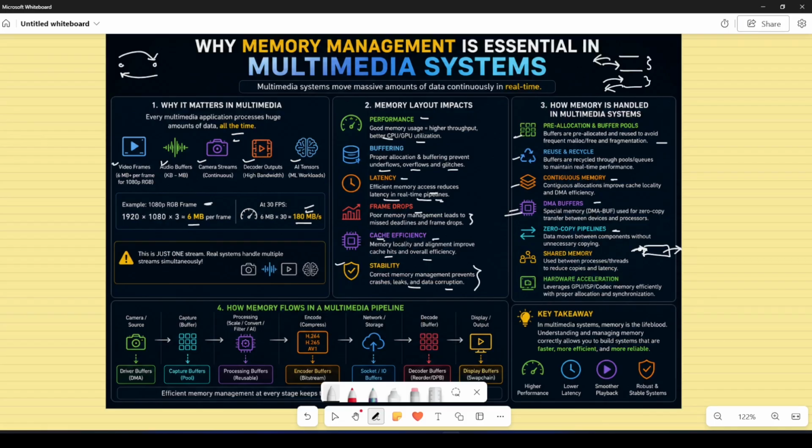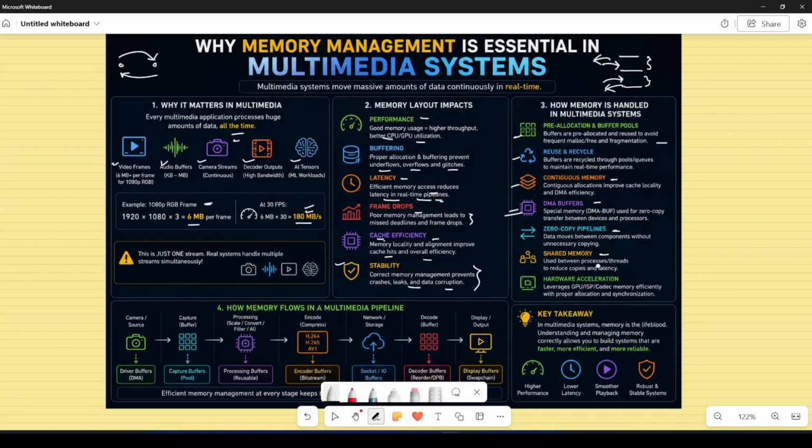So the producer will write data and the consumer will read data. So this buffer will be shared among both the producer and the consumer, right? So this is how zero copy pipeline works.